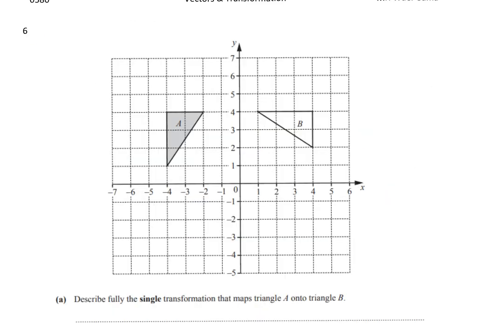Number 6. Describe fully the single transformation that maps A to B. A to B. Which type of transformation? Reflection? Translation? Rotation? Or enlargement? So it's rotation. Yes, you are right. Rotation.